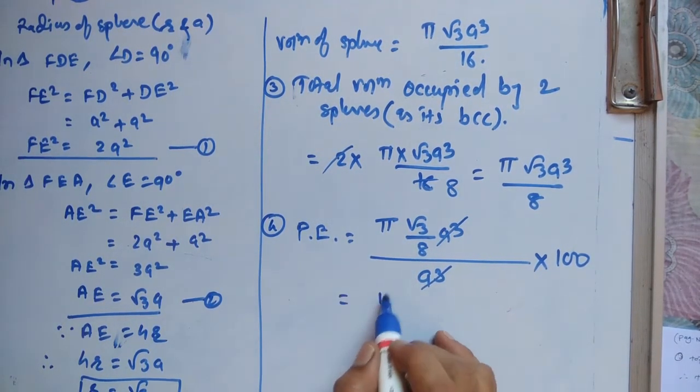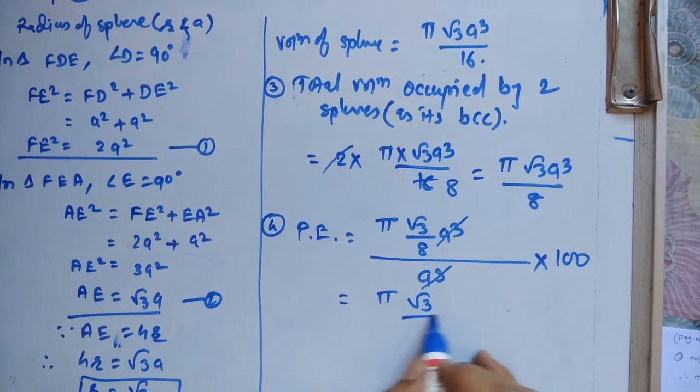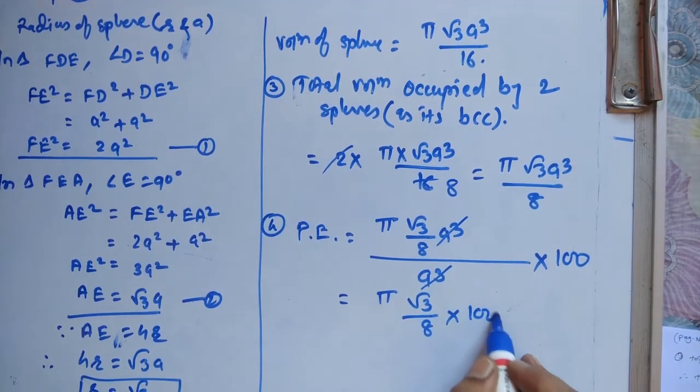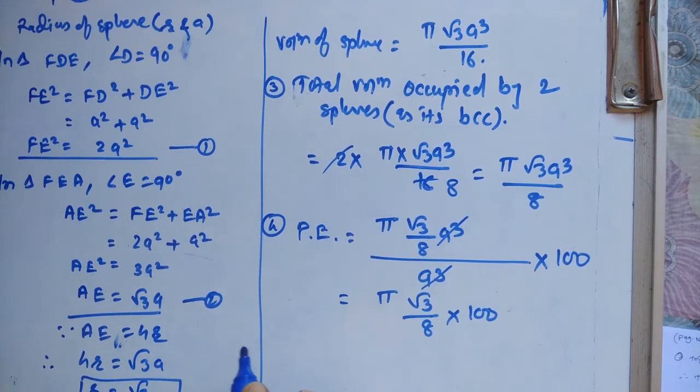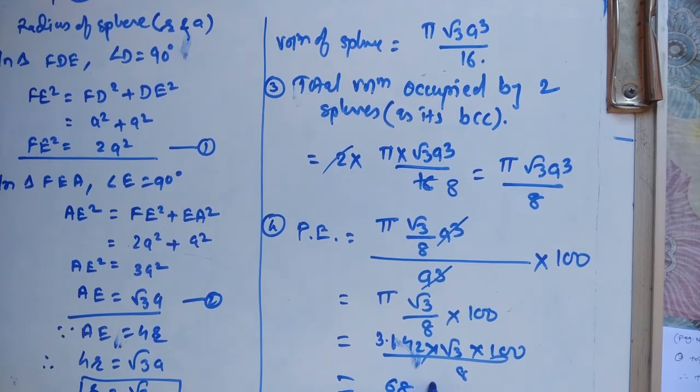What is remaining is pi into root 3 upon 8 into 100. After multiplication, taking the value of pi as 3.142 and the value of root 3, into 100 divided by 8, we get 68% of the volume is occupied by the spheres or atoms in the body centered cubic cell, and this is the occupied volume.